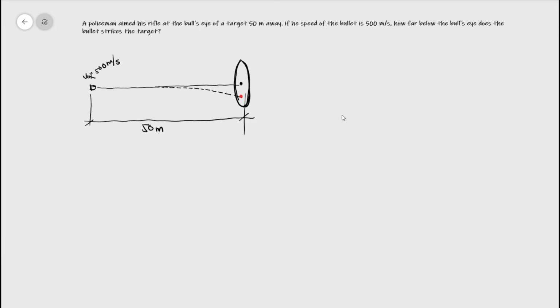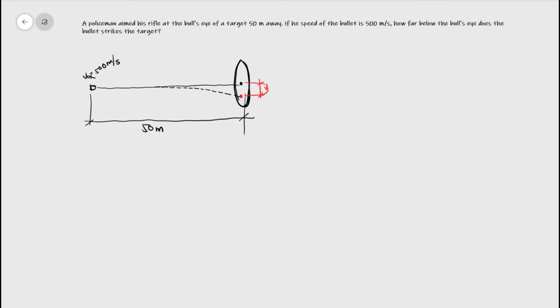The bullet did not hit the bullseye, instead it falls below the bullseye. Now for our problem, we need to find the distance where the bullet falls below the bullseye.